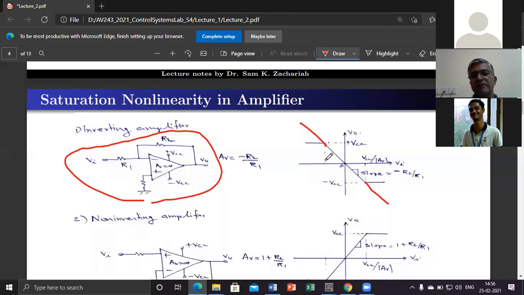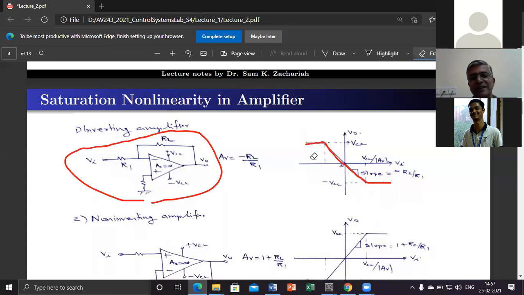But because of the supply voltage limit, the output cannot go beyond plus VCC and cannot go below minus VCC. So you are going to get characteristics like this. This will move like this. So this is called saturation nonlinearity. This is the simplest nonlinearity that you are studying.